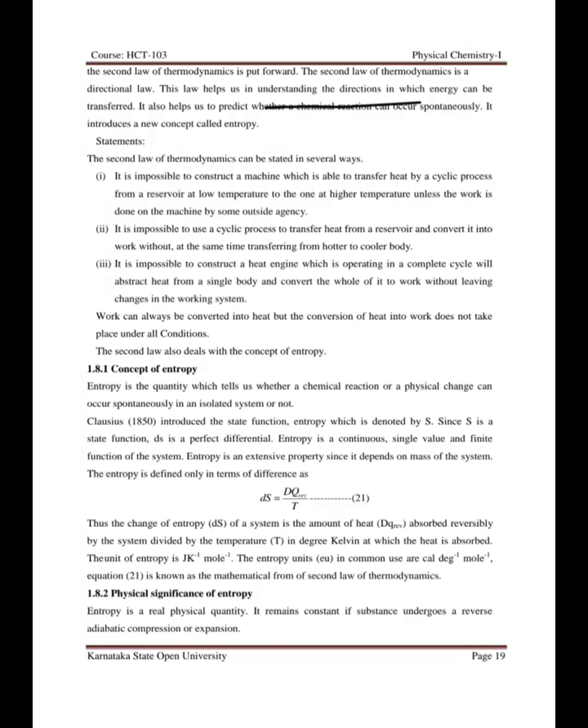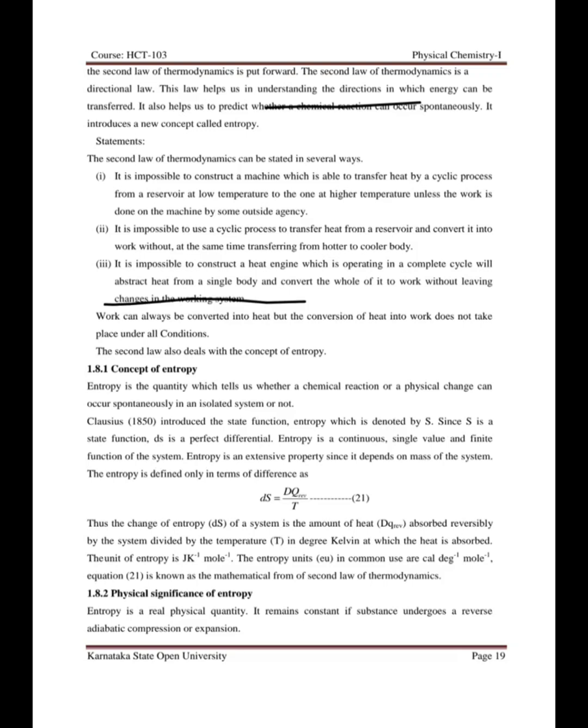So what does the second law of thermodynamics state here? It is impossible to construct a heat engine which, operating in a complete cycle, will abstract heat from a single body and convert the whole of it to work without leaving changes in the working system.